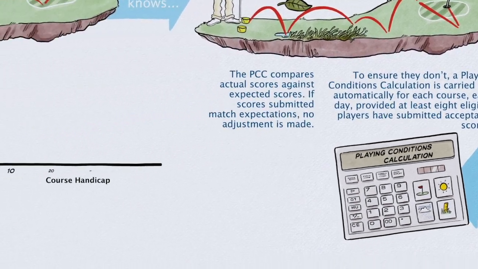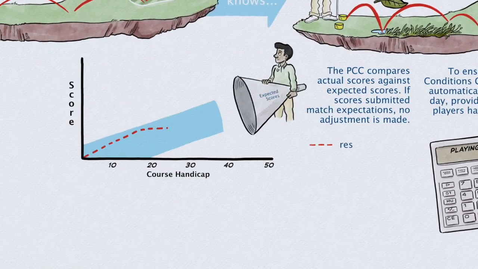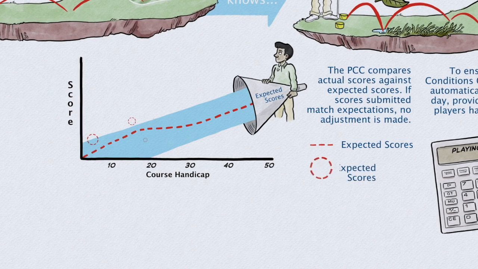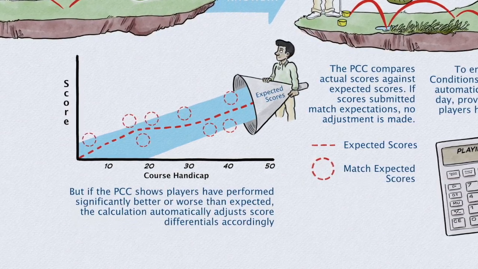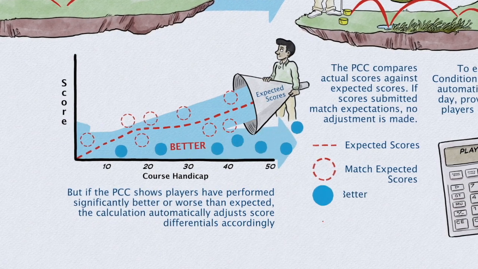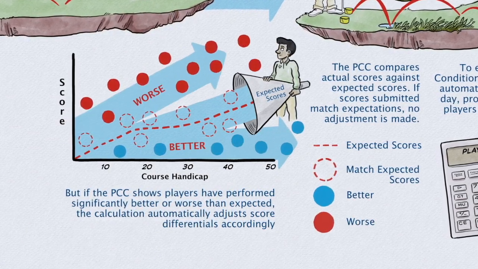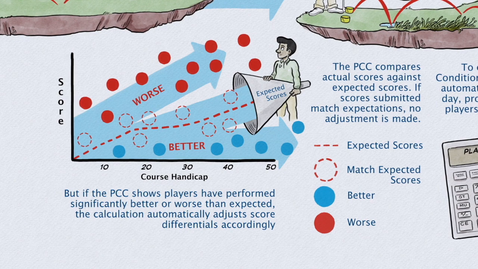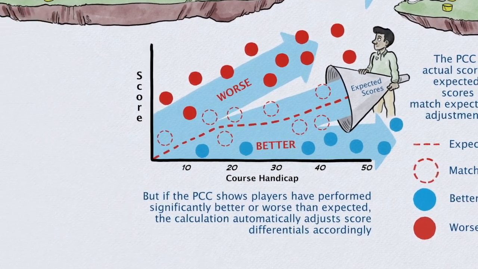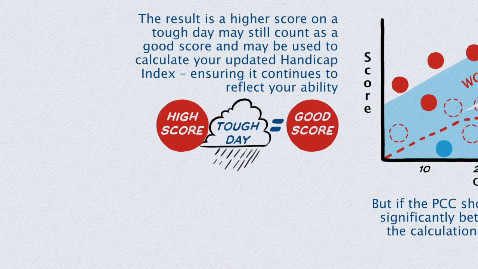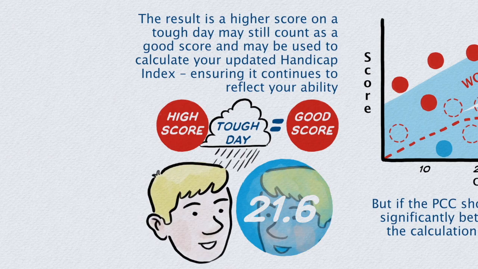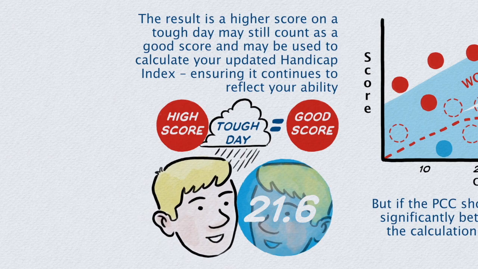The PCC compares actual scores against expected scores. If scores submitted match expectations, no adjustment is made. But if the PCC shows players have performed significantly better or worse than expected, the calculation automatically adjusts score differentials accordingly. The result is, a higher score on a tough day may still count as a good score and may be used to calculate your updated handicap index, ensuring it continues to reflect your ability.